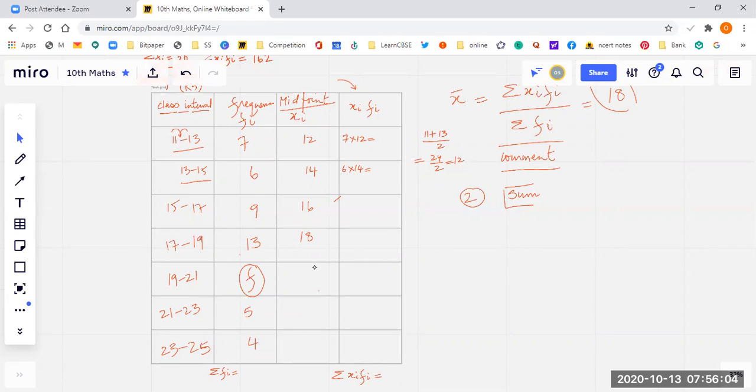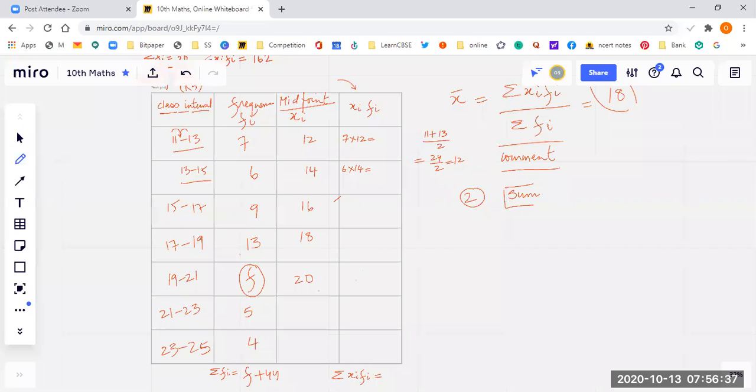So that will be f plus 44. Just add f. And here, the midpoint of this will be 20.